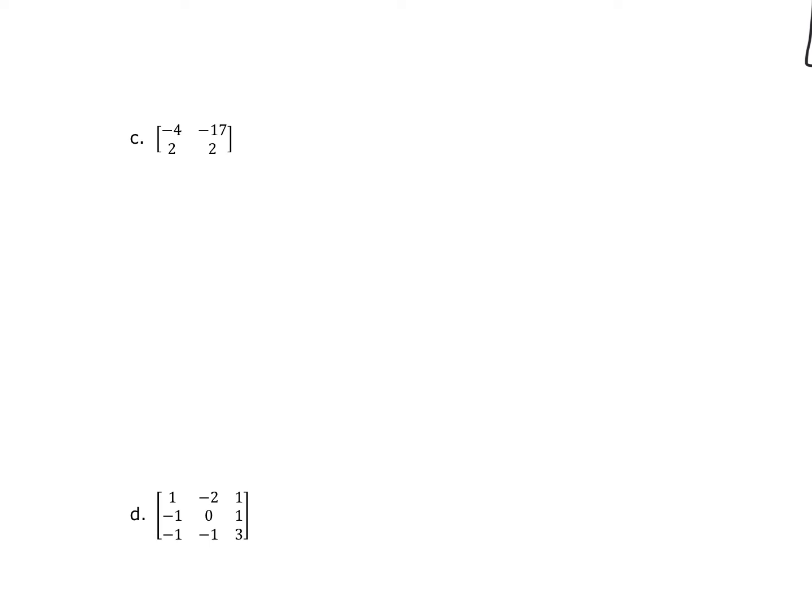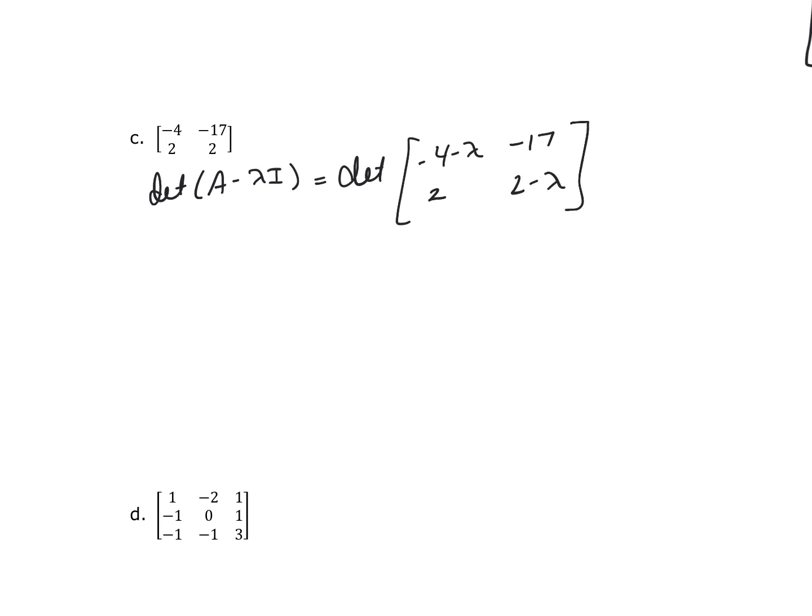So the determinant of A minus lambda I is going to be the determinant of negative 4 minus lambda, negative 17, 2, and then 2 minus lambda. Now, this ends up becoming negative 4 minus lambda times 2 minus lambda, plus 34.